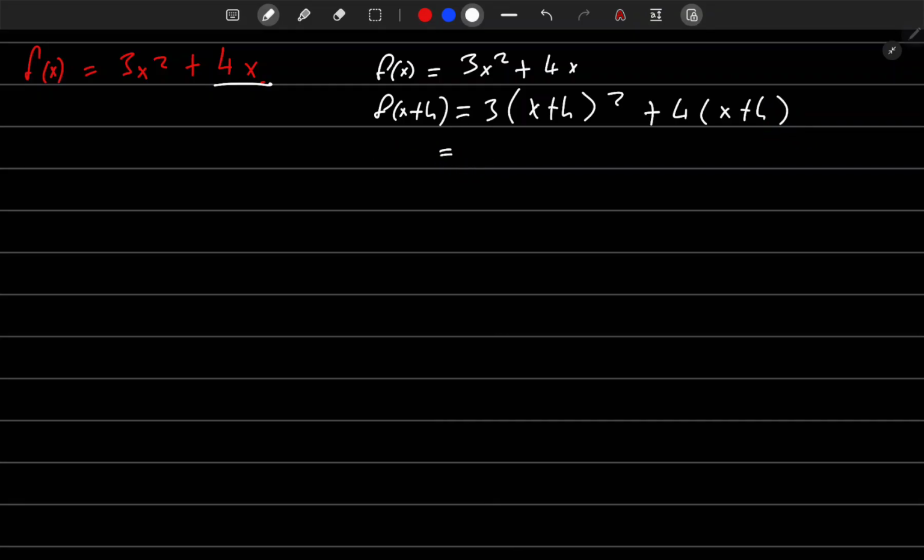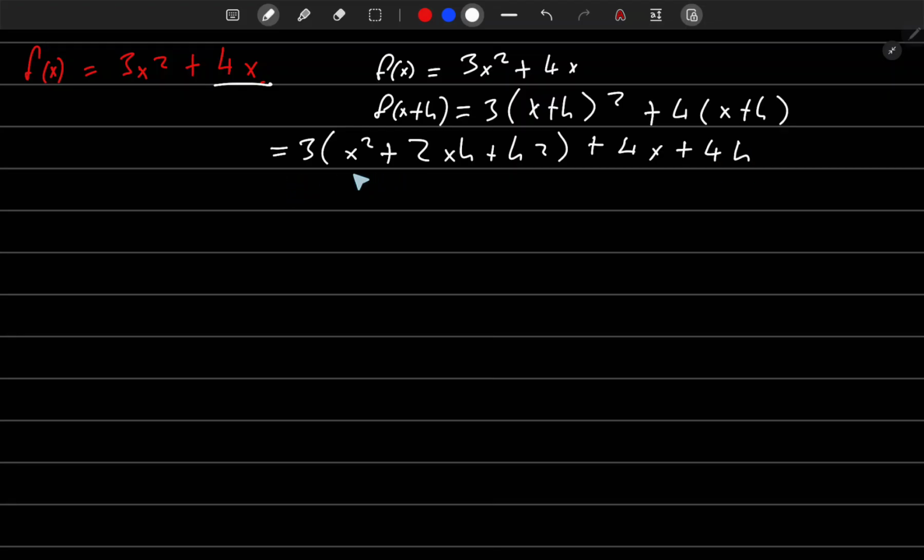Now we expand it. This is going to be a little bit long, so I might need some space. So this is going to be 3 times (x squared plus 2xh plus h squared) plus 4x plus 4h.